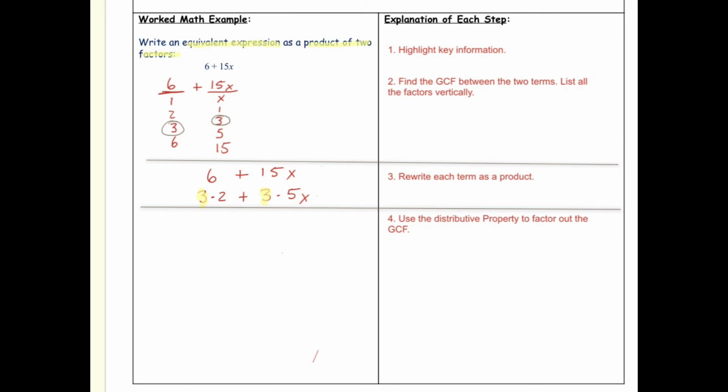Now we're going to use the distributive property to factor out the greatest common factor. We actually did that during quarter 3. So I'm going to rewrite it. 3 times 2 plus 3 times 5x. So I'm going to add parentheses, and I'm going to take out the greatest common factor.